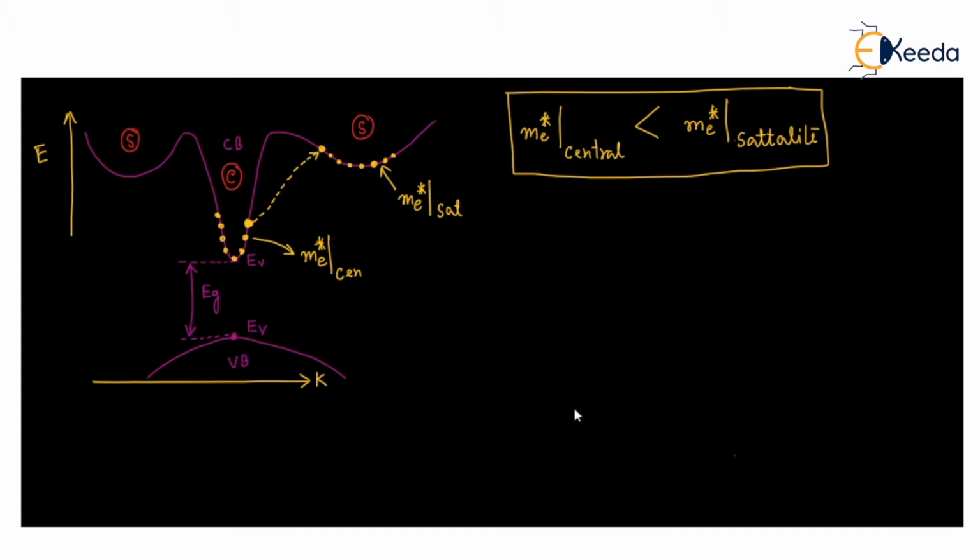Since the effective mass increases, we can say that the drift velocity of the electron at the central valley will be greater than the drift velocity of the electron at the satellite valley.